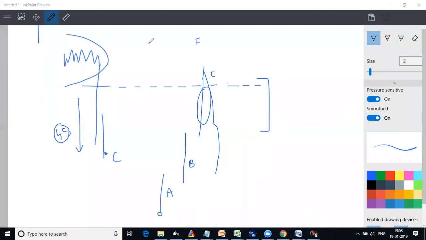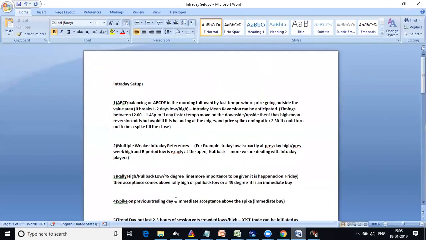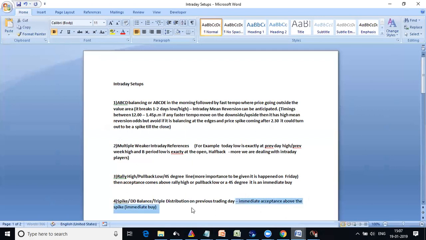So maybe I'll better rephrase this rule. A spike, or a double distribution balance, or triple distribution balance on the previous day: if there is immediate acceptance about the spike base immediately, it's an immediate buy. Right? This is rule number 1, probably you can say this is 4-1.